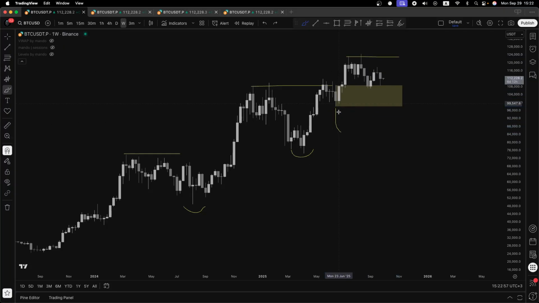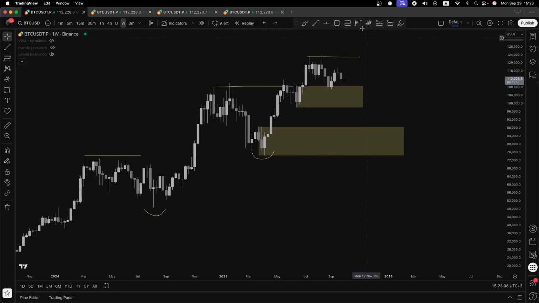An internal low with our external sitting right here at 88k, 90k, this area being our extreme. So on weekly, if we lose the internal structure, we're going for external structure.